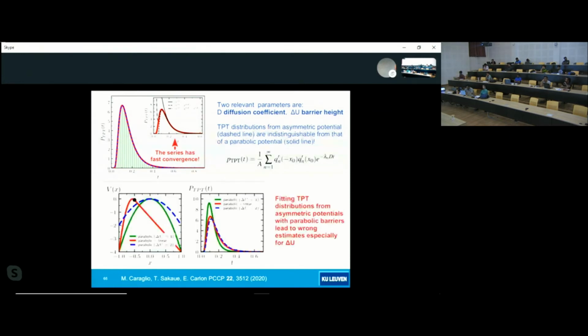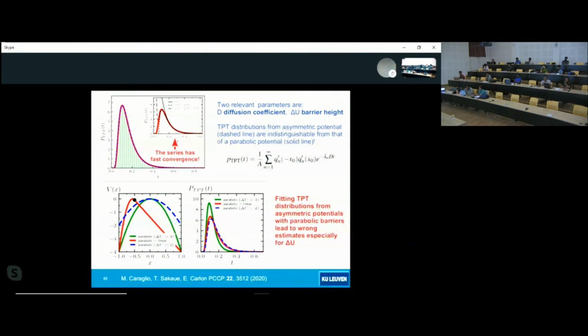This is a summary of the message we want to convey in this story: this transition path time distribution, the TPT, is very robust and universal, in the sense that if you generate it from one arbitrary potential, you can always fit it to a parabolic potential.